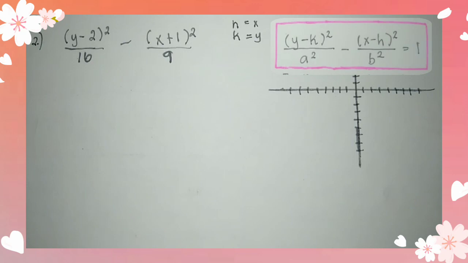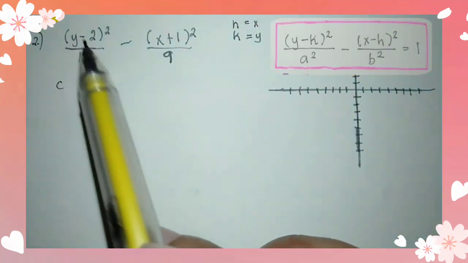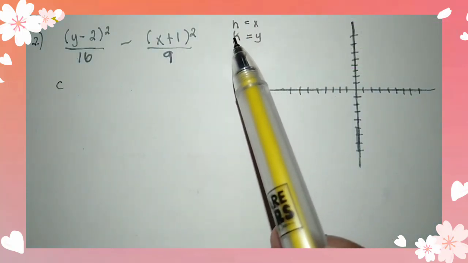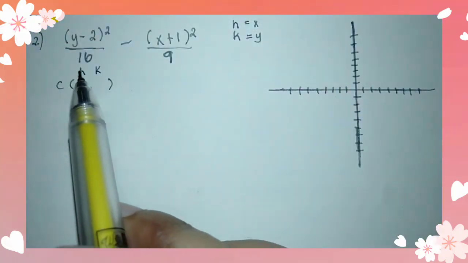Okay? So, the first thing to do, or the first step, is to find the center. How are we going to find the center? Kanina yung center natin is 0, 0, no? Kasi wala tayong h and k. Remember, ang h natin, ang representation niya is x. And ang k naman natin, ang representation niya is y. Since we're going to find the center, which is h and k, so ang h natin is x.